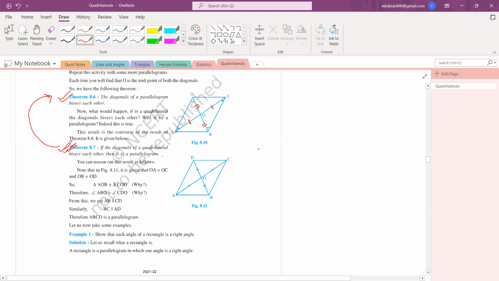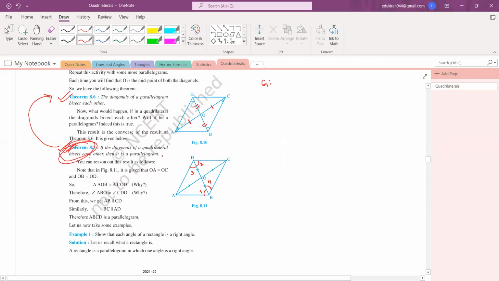Yes, ma'am. Okay, so this is the figure. I'm marking some angles. If this is angle 1 and this is your angle 2, please mark them also. This is angle 3 and this one is your angle 4. So what is given to you here? For this, I'm doing theorem number 8.7.